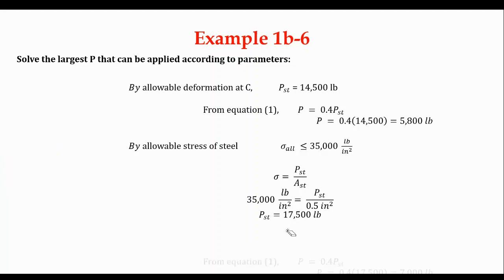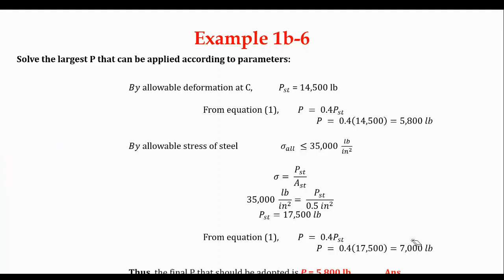And then, ultimately, makuha pod nimo ang kaya na P if magbase ta sa stress. Now, duha na pod ang imong answer according to delta C and according to allowable stress. So, I hope your choice is the lesser one.